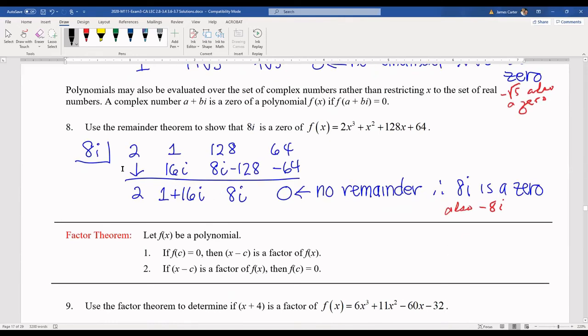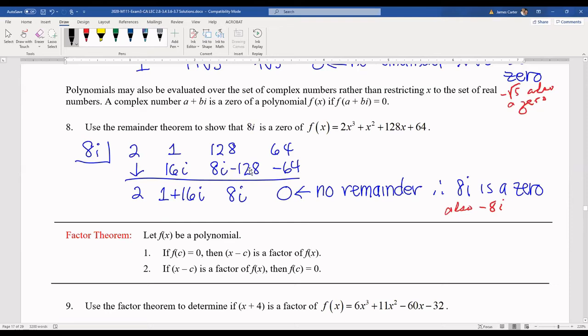Number 8, they're telling us to attempt to test 8i. Now, knowing to try that 8i is not something that we're doing in this course. But in this case, they're telling you just to get you where you can actually deal with this. Okay, so bring down, multiply, and we get this, 1 plus that.